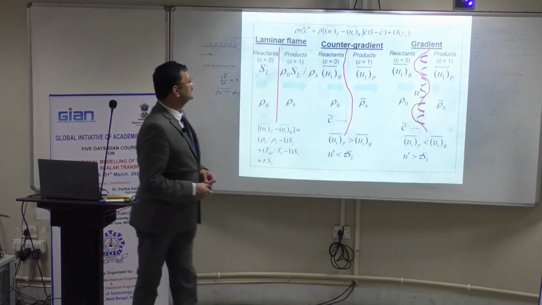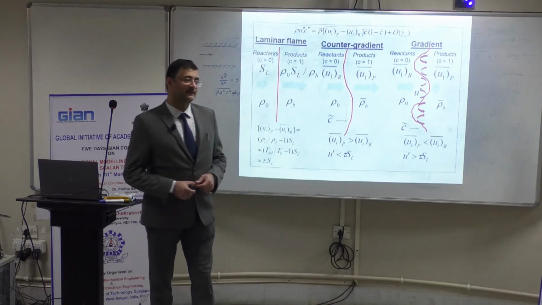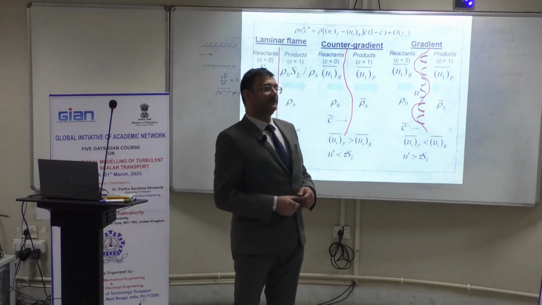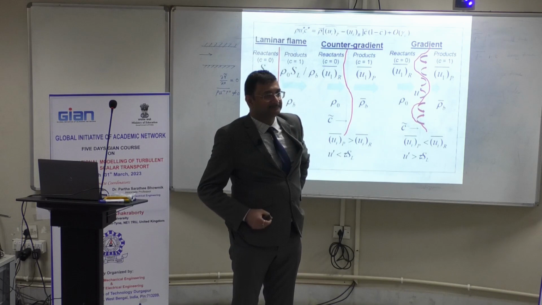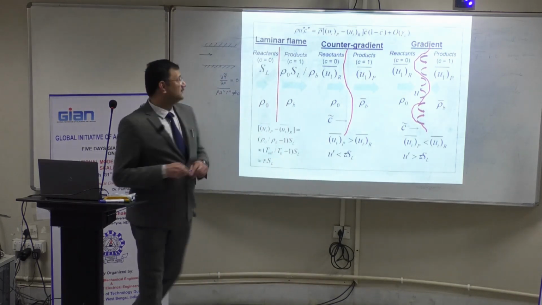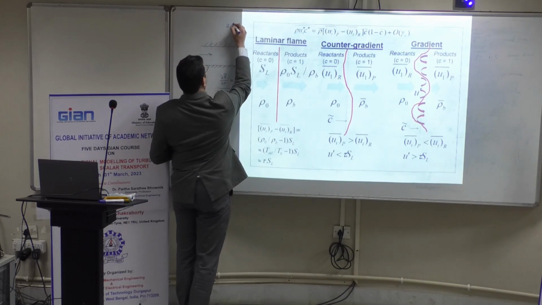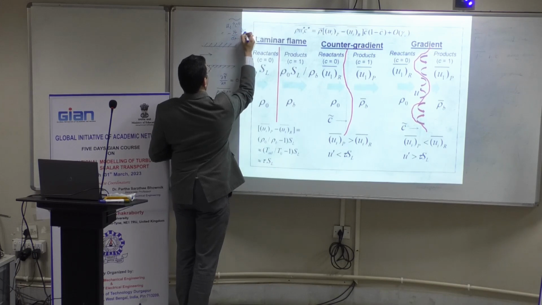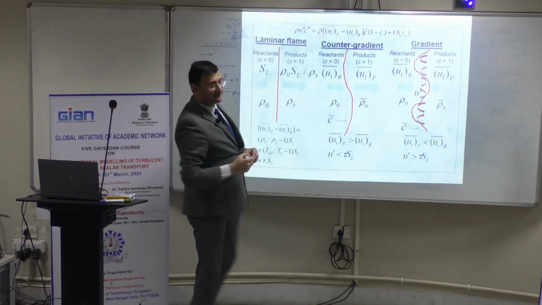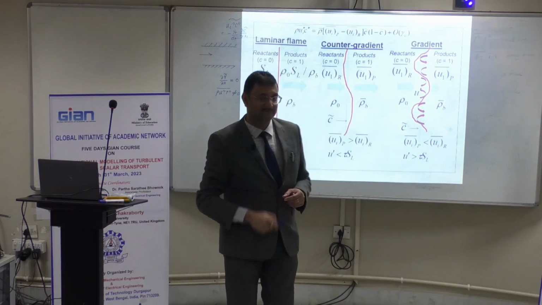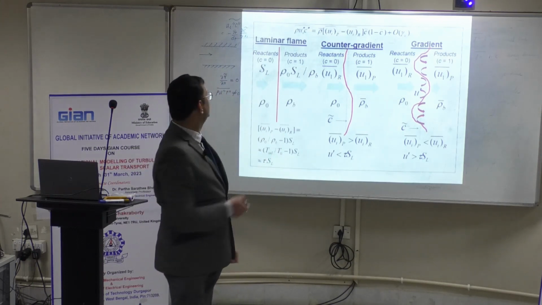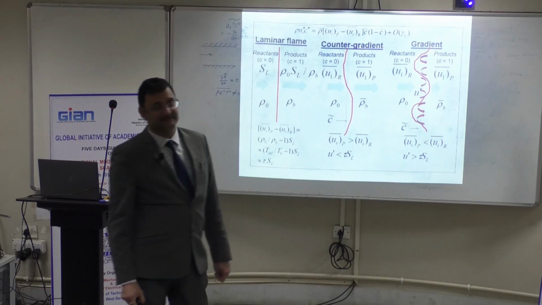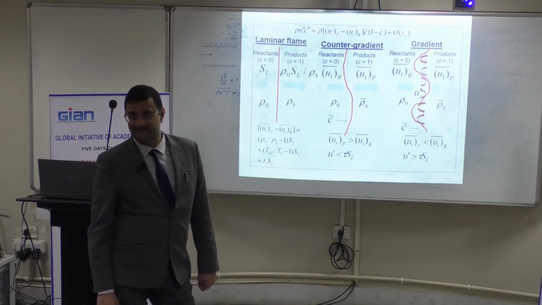According to gradient hypothesis, whether the scalar flux will be positive or negative, just to recall, so if del c tilde del x is positive, what will happen to u_i double prime c double prime? Positive or negative? Negative, right?